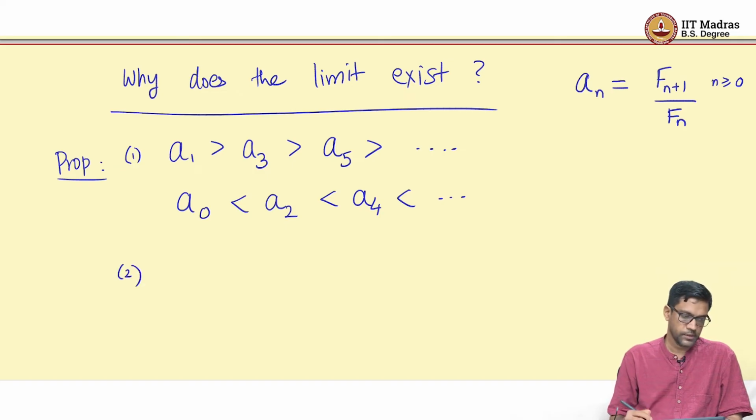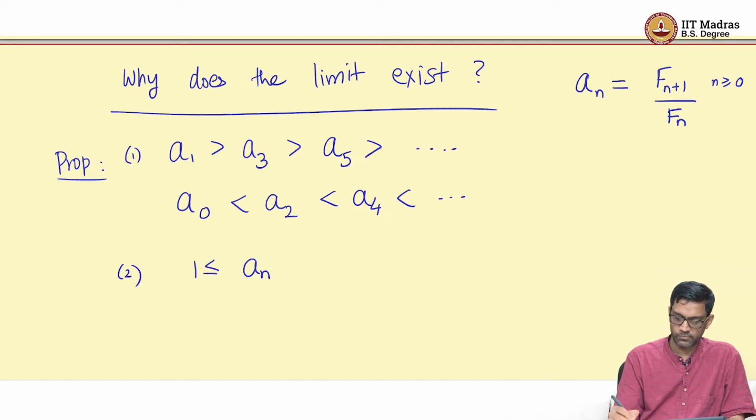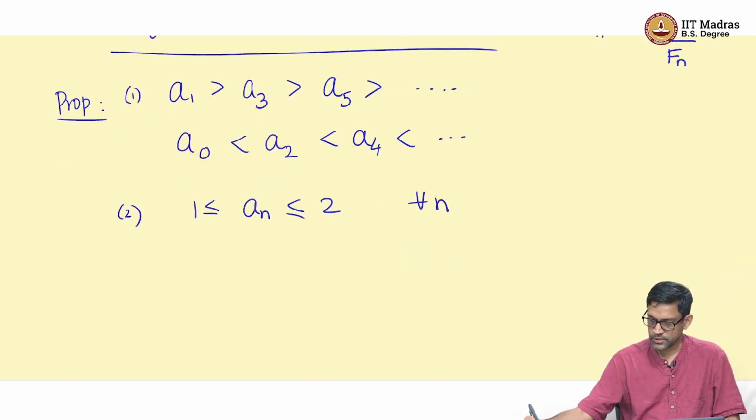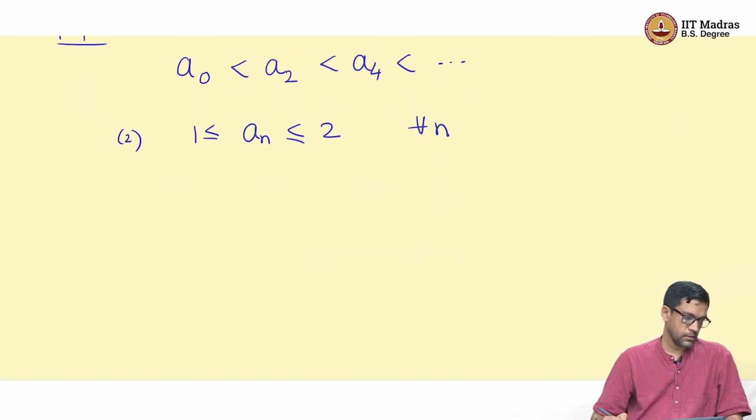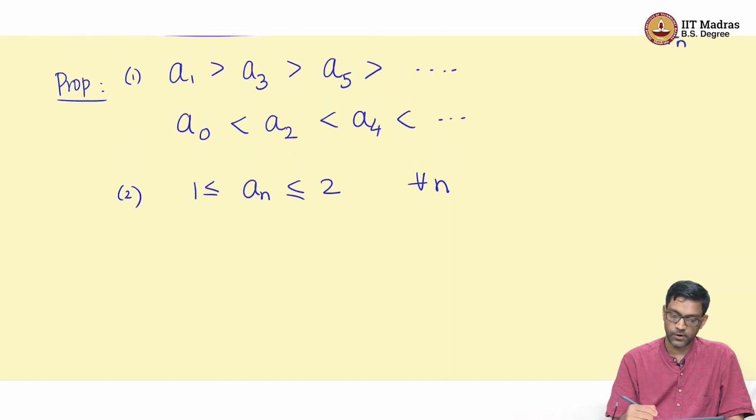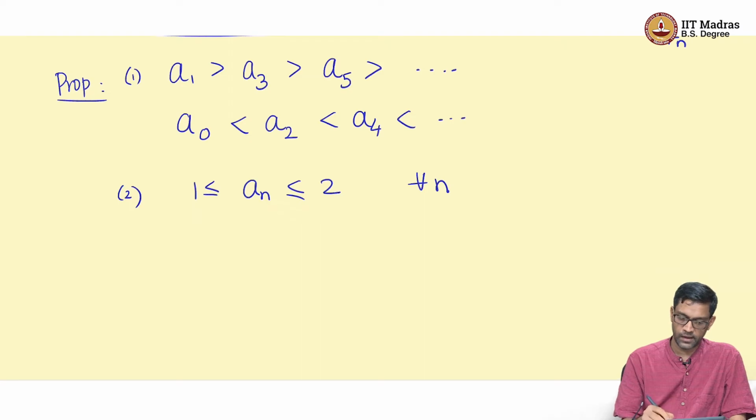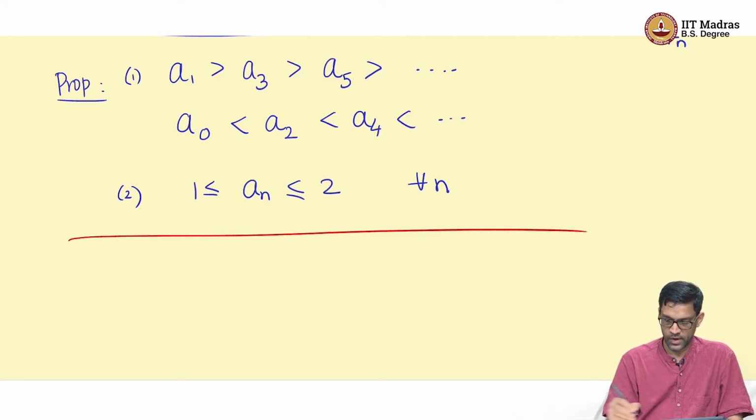Observation 2 is that all these a_n are bounded. They are all numbers between 1 and 2, all these successive ratios. If this proposition holds, then what we are looking at are these two sequences of the odd a's and the even a's, and they both live between 1 and 2.